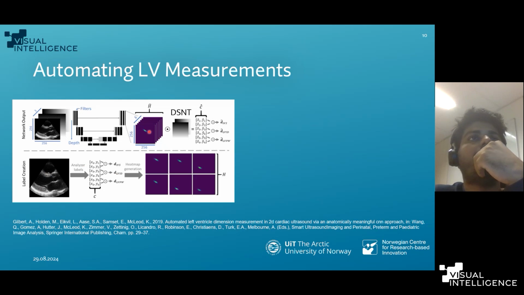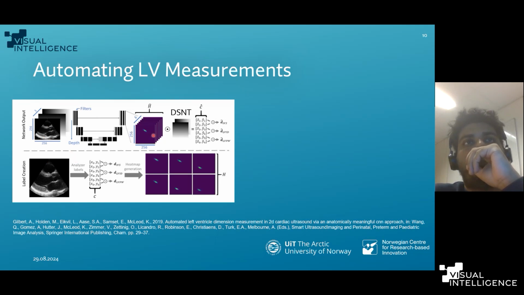They train a U-Net based model by placing Gaussian heat maps, and these are rotated Gaussian heat maps, which are created perpendicular to the scan line at which the annotations are provided.